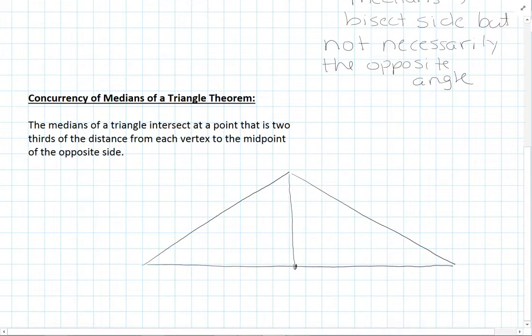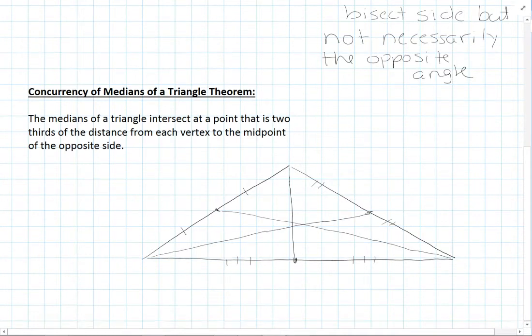I'm going to guess the midpoint's about there. The median goes from there over to the opposite angle. So there's your three medians. We know that's congruent to that. That line segment is congruent to that line segment, and these are congruent. So there's my three medians.